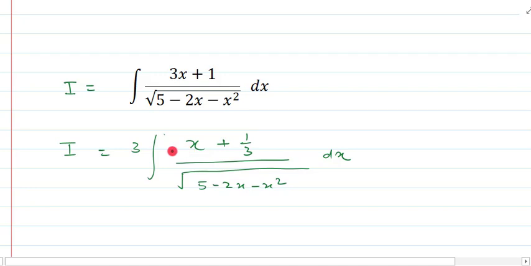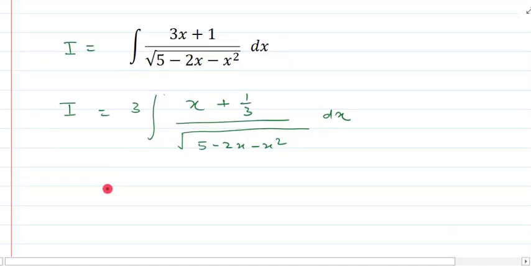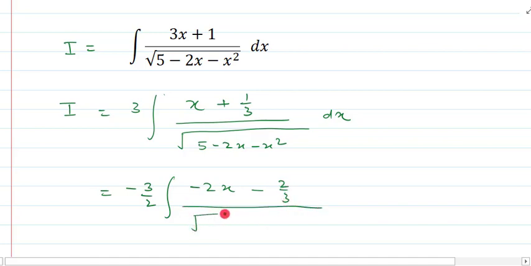So for this we need to multiply and divide by minus 2. So let us do the change. It is minus 3 upon 2 into minus 2x minus 2 upon 3, and the denominator, again I am writing the same, 5 minus 2x minus x square dx.